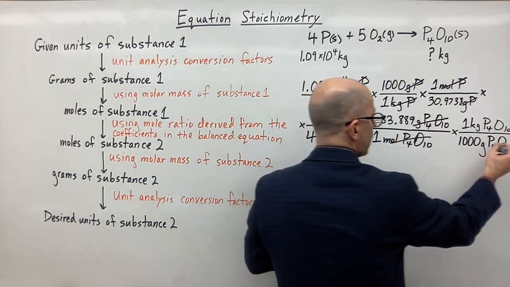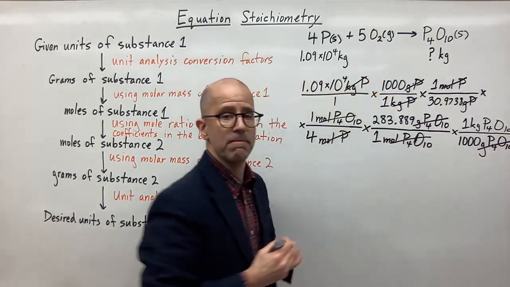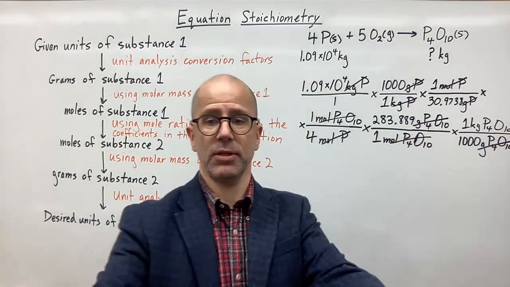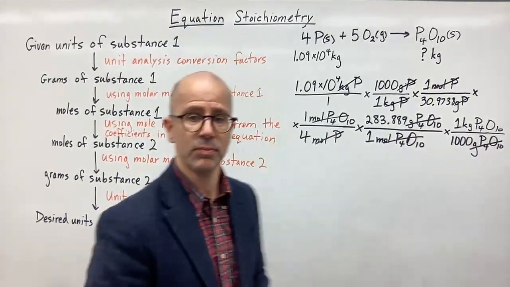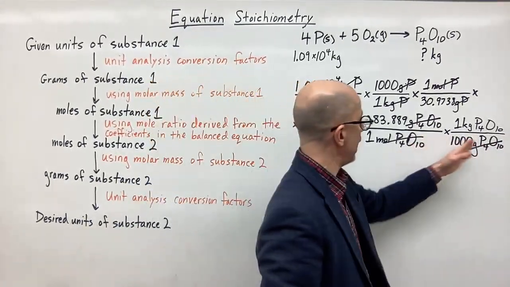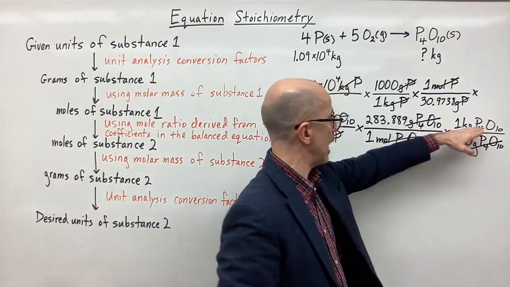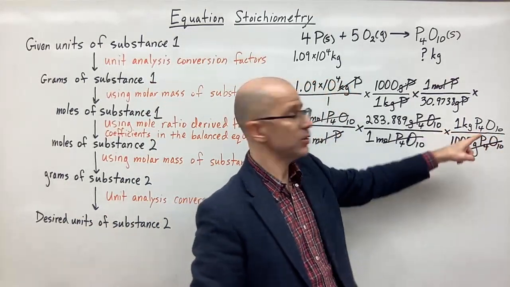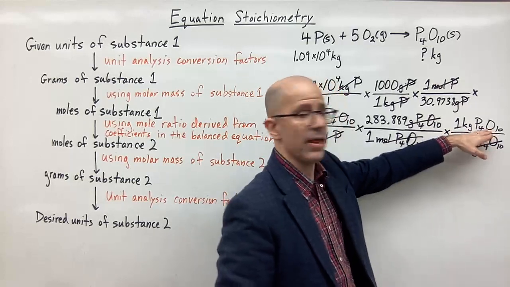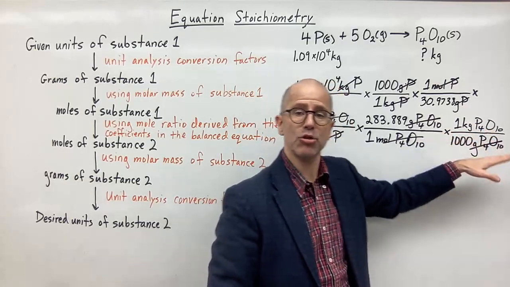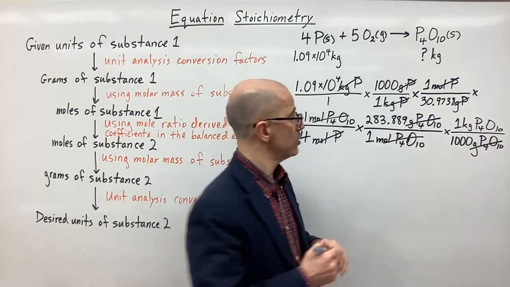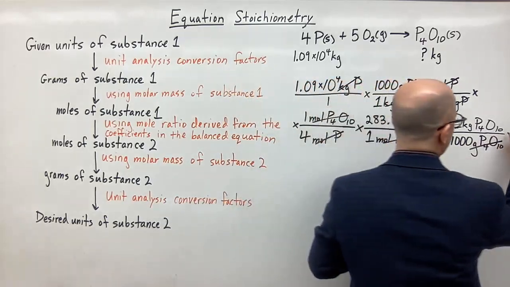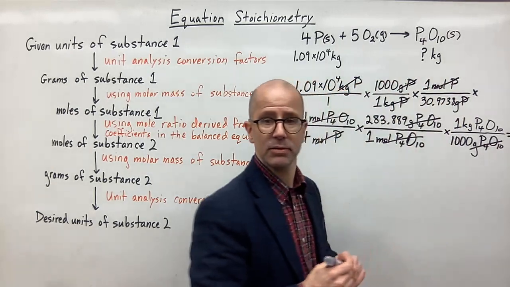So grams cancel out. Now I have kilograms on the top of my substance. So kilograms of P4O10, that's exactly what I want. As soon as you get the unit you want, you're done. No more conversions. So we're going to have an equal sign here.